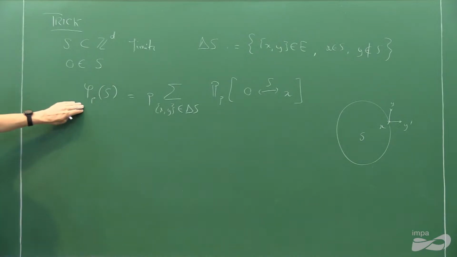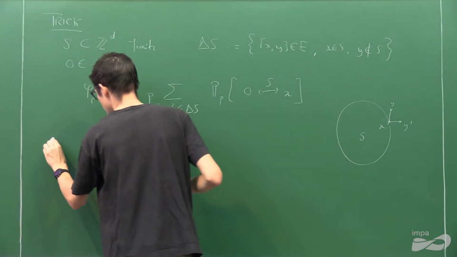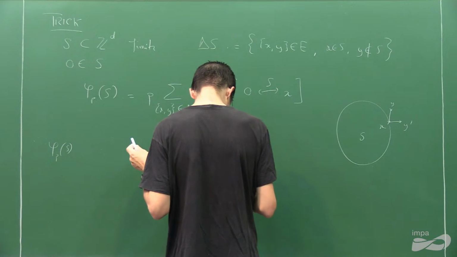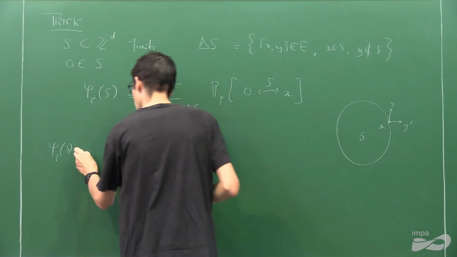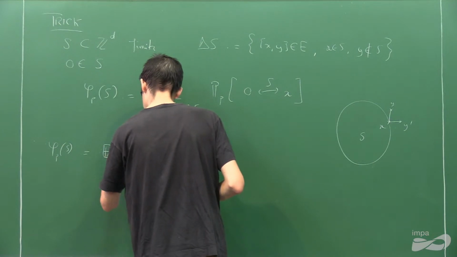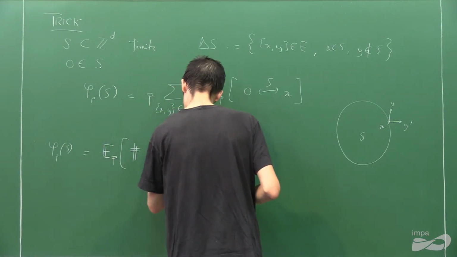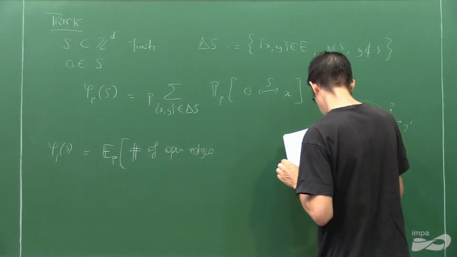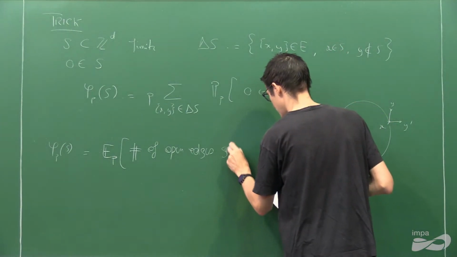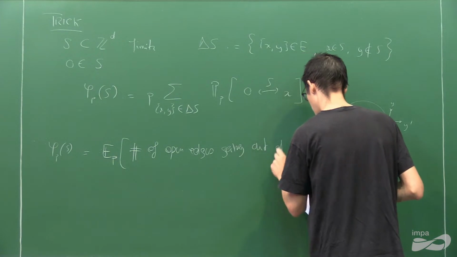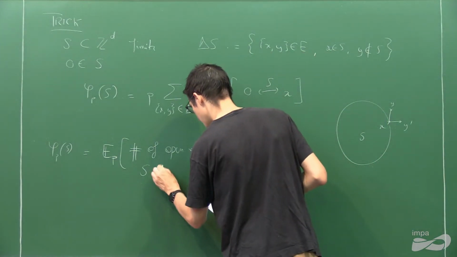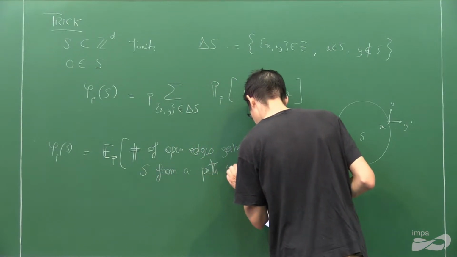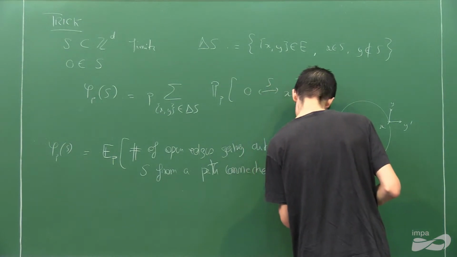Okay, and what's φ_p(S) in words? It's the expected number of open edges going out of S from a path connected to 0.